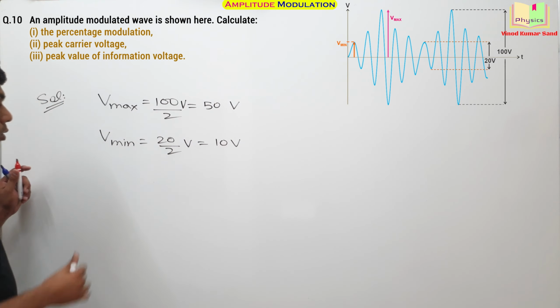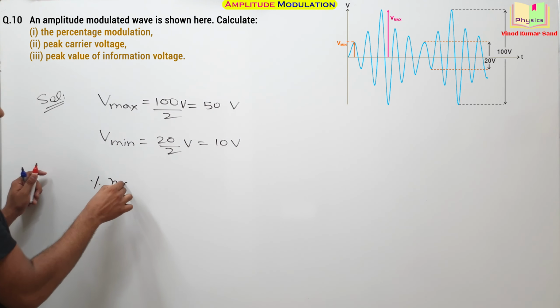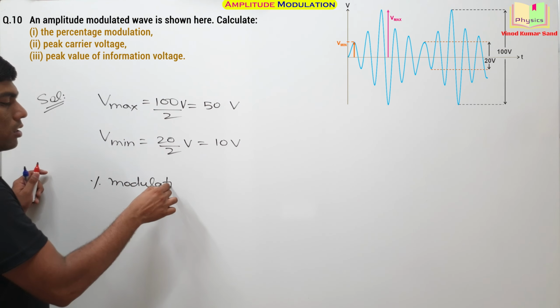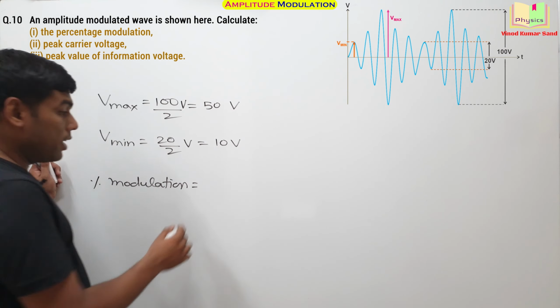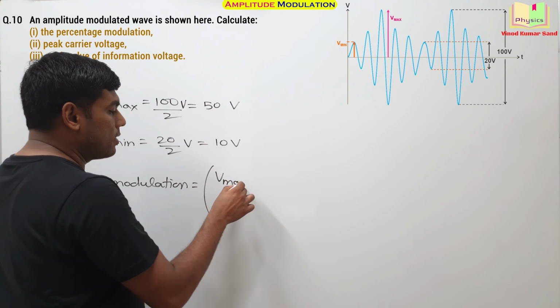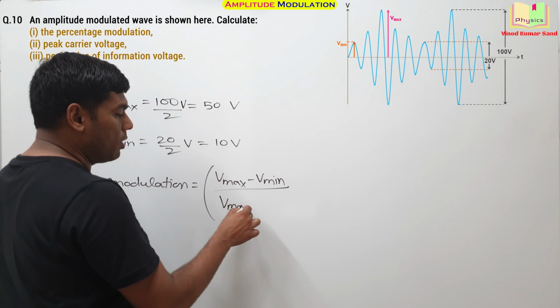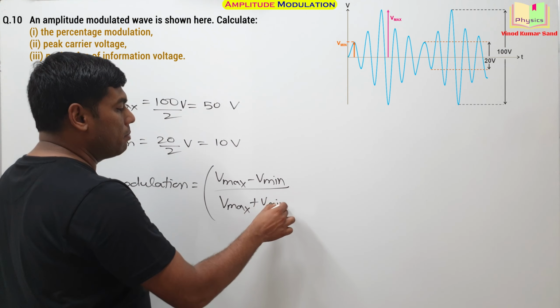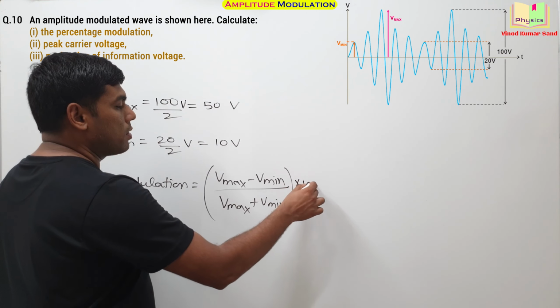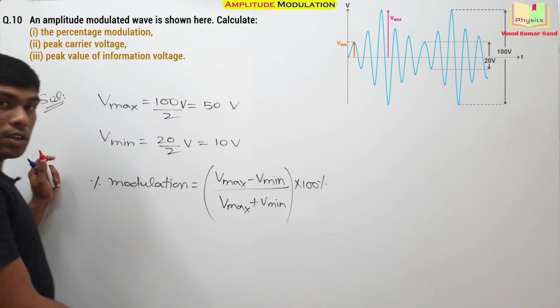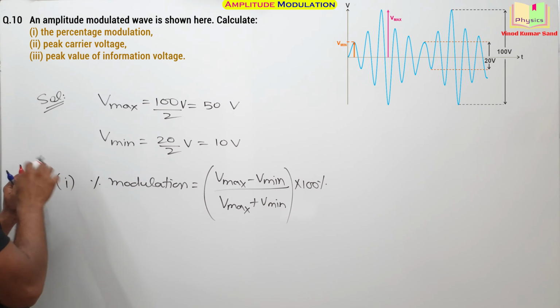If we know these values, we can easily find the percentage modulation, which will be equal to Vmax minus Vminimum divided by Vmax plus Vminimum into 100%. Okay, that will be our first answer.